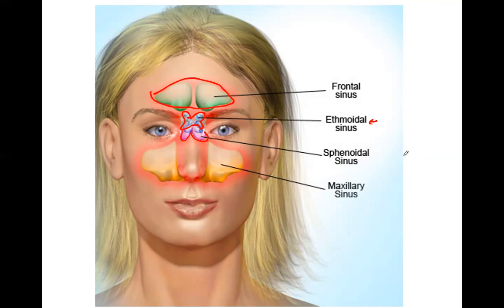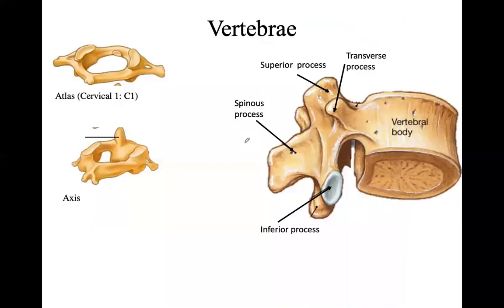And again, the opening associated with that is referred to as the sphenoidal sinus. And lastly, you have these really large sinuses on either side of your maxilla. They're referred to as the maxillary sinus. So that's all the terminology I need you guys to know for the skull.